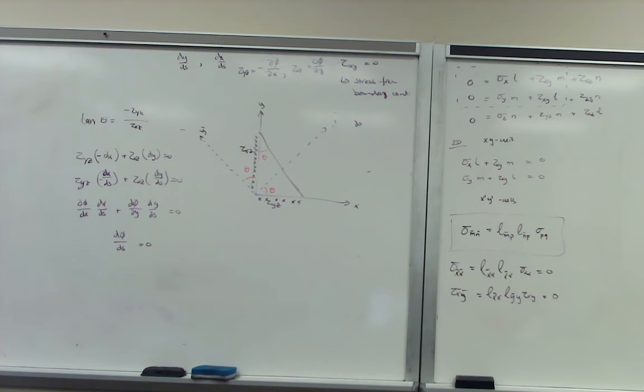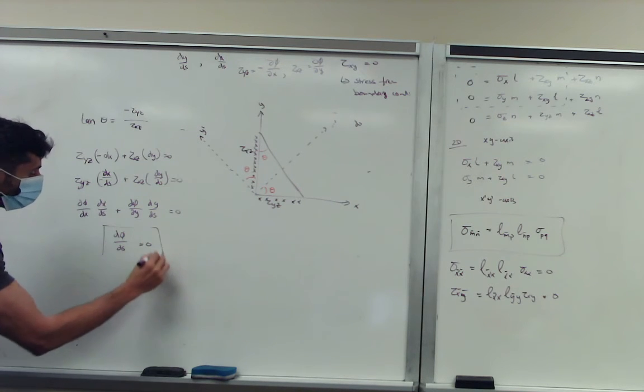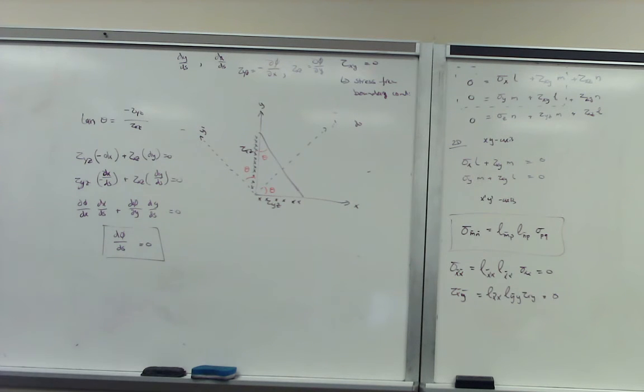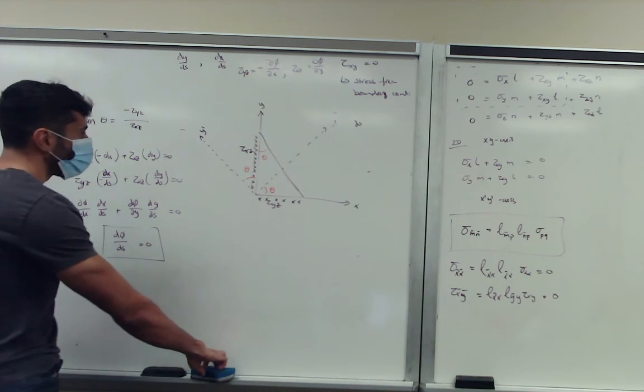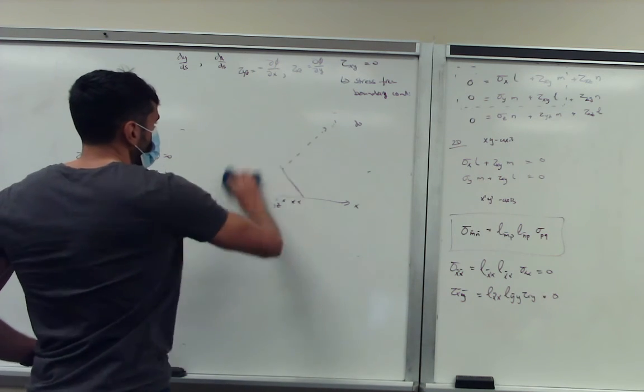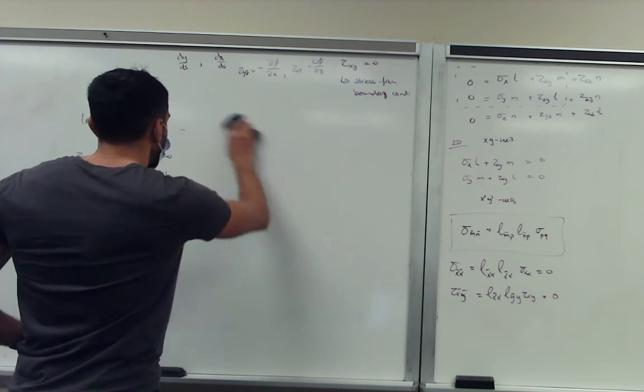By the end of the day, this is the important step that we get from it. If you take the boundary conditions and we apply the Prandtl stress function to it, we derive the fact that d phi/ds is equal to 0. So let's have a look back at what ds actually was in our original drawing.